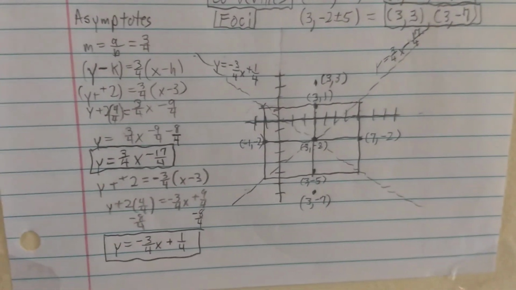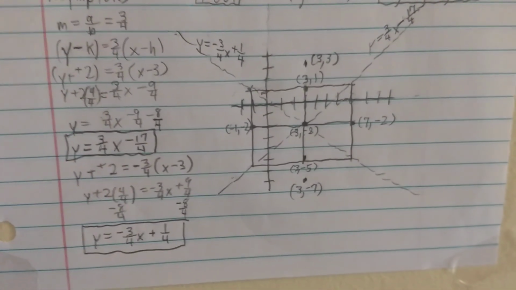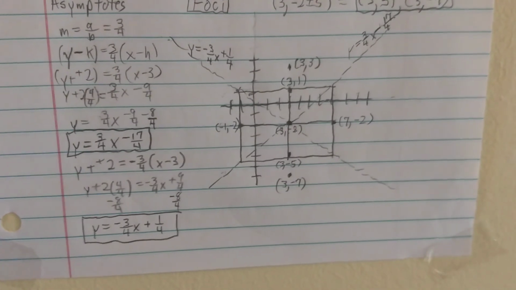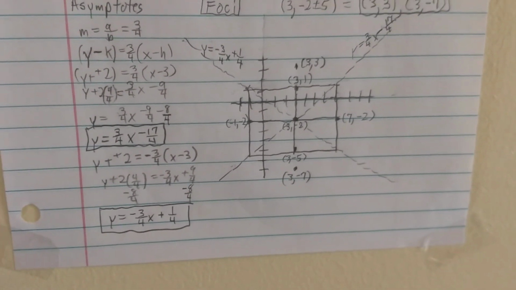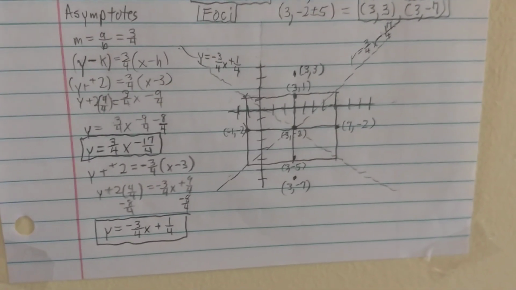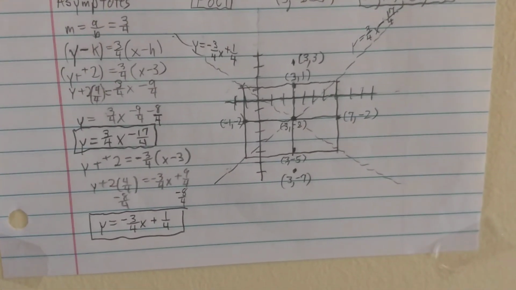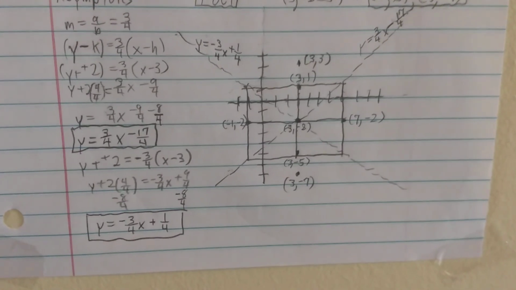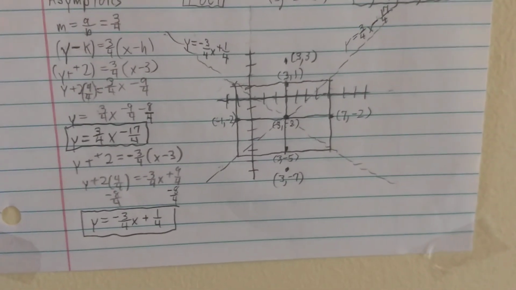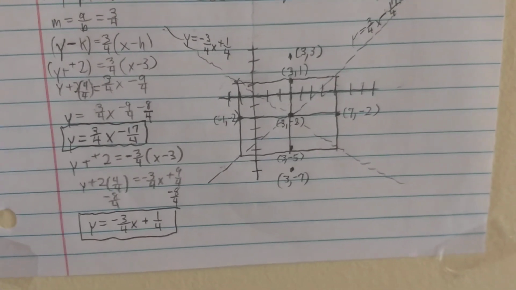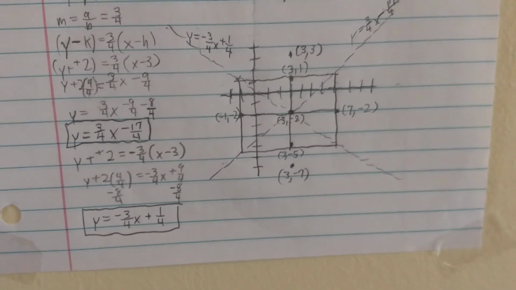And now we have to do a little bit more work on the asymptotes. So instead of y equals plus or minus a over b x, we have to account for the non-zero center, which takes more work. So y minus k is 3/4 times x minus h, and y minus the negative 2 equals 3/4 times x minus 3.